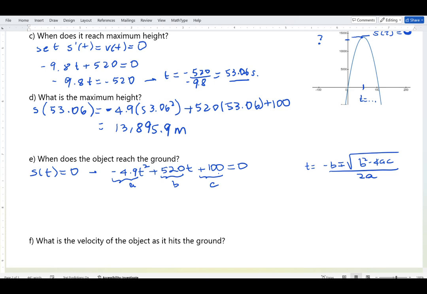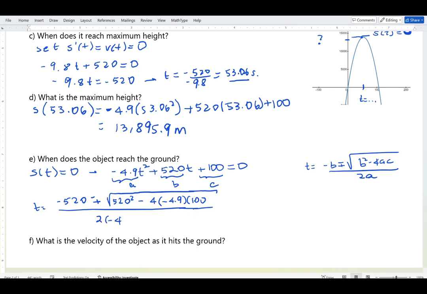So let's plug everything into that formula, and we're going to have negative of b, so negative 520, plus or minus the square root of b squared minus 4ac. So 520 squared minus 4 times negative 4.9 times c, which is 100, everything under the square root sign, and then draw a long line below everything on the top, divide by 2a, so that's 2 times negative 4.9.